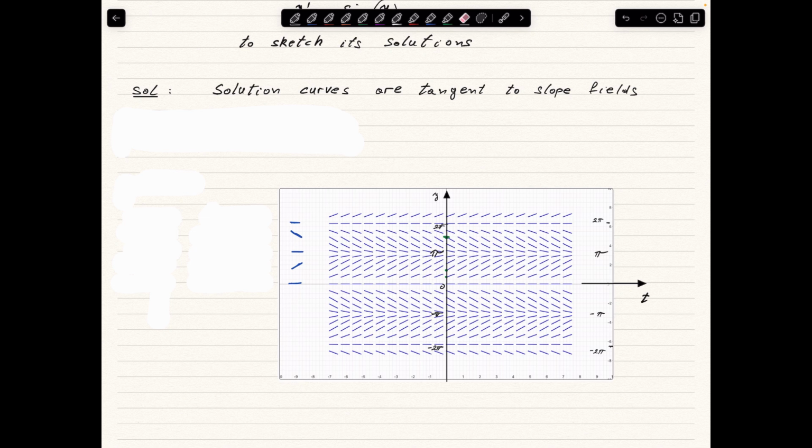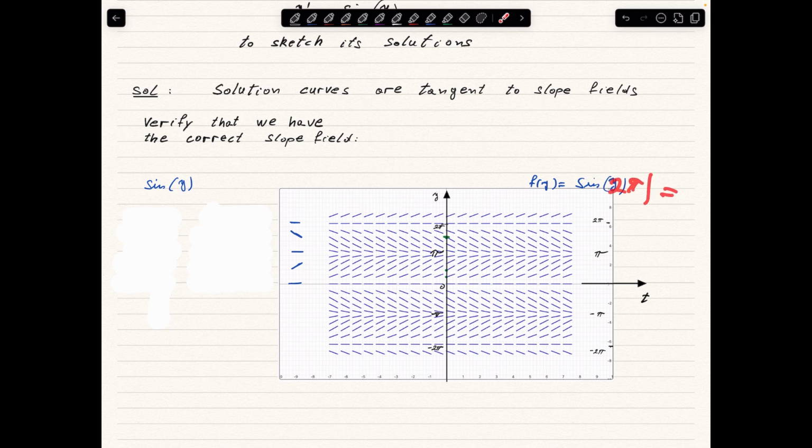So let's verify that this slope field is correct. This is the slope field for f of y equals sine of y. Let's verify that this is the right slope field. So we have sine of y as our right-hand side. What is the value of the sine function at 2 pi?